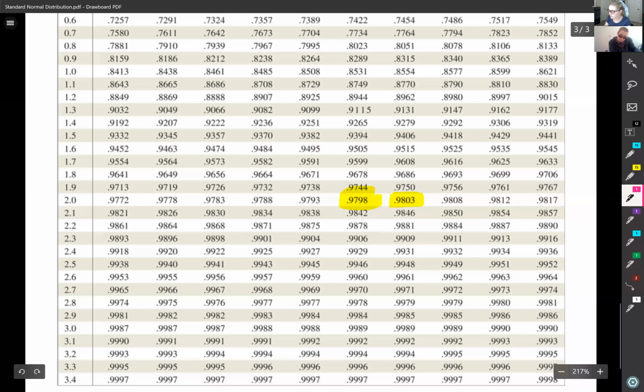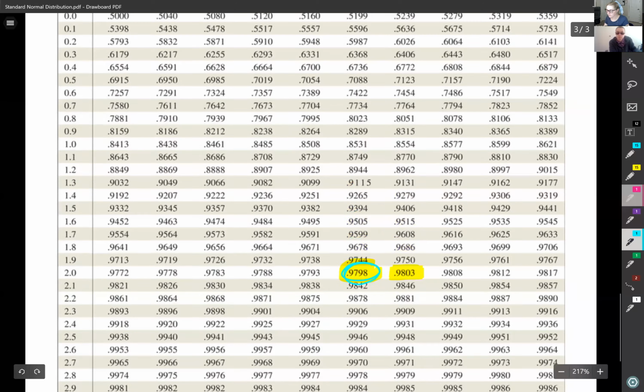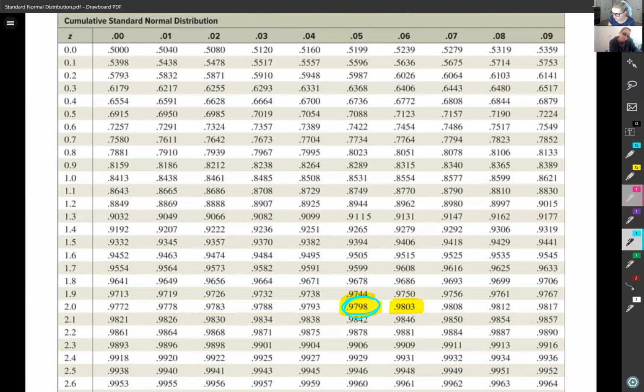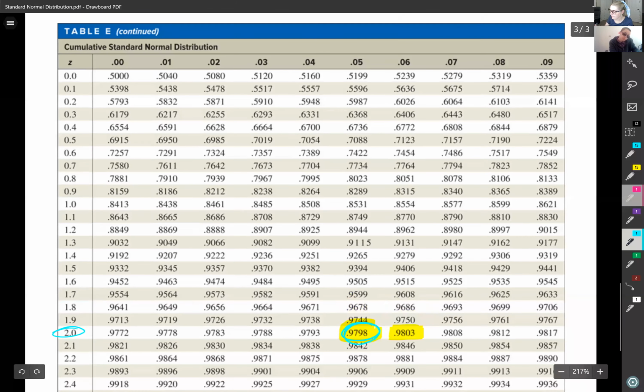That one's closer to 0.9800 out of the two. So yes, 0.9800 is somewhere between these two, but I'm going to pick the one that it's closer to, and find the z-score associated with that. That would be 2.05.